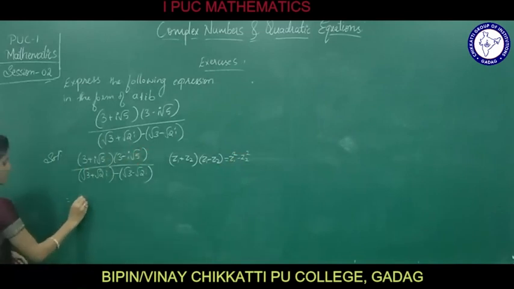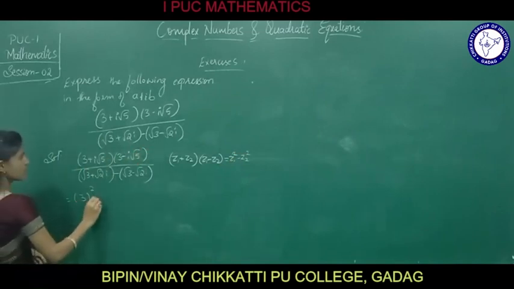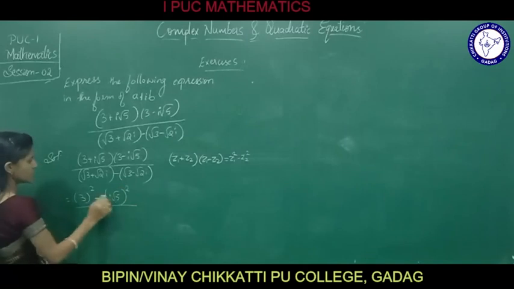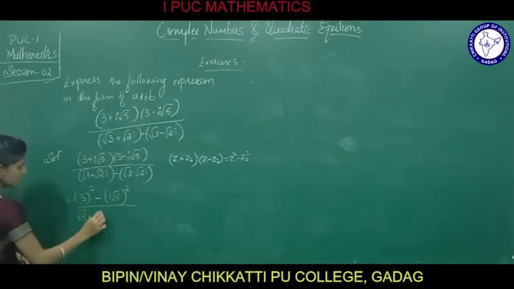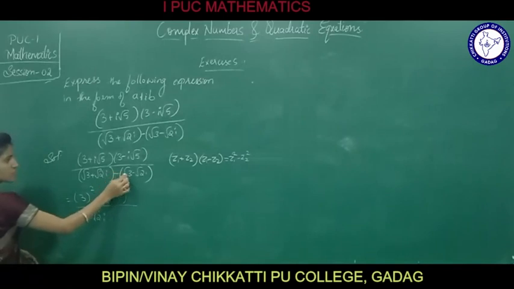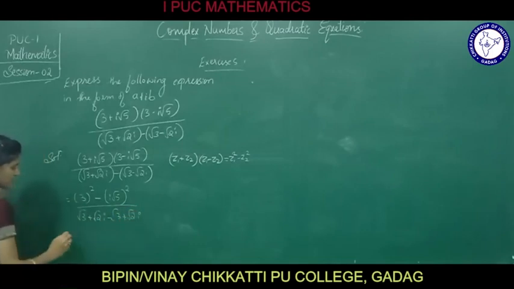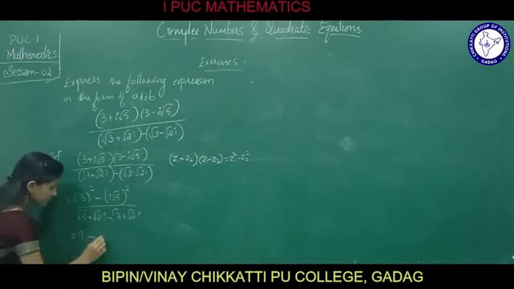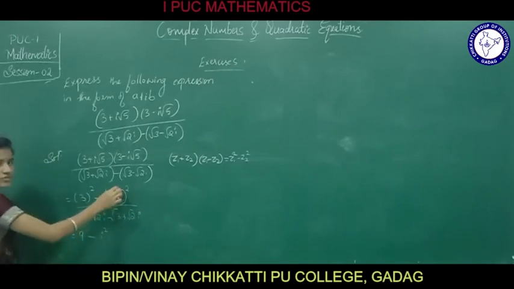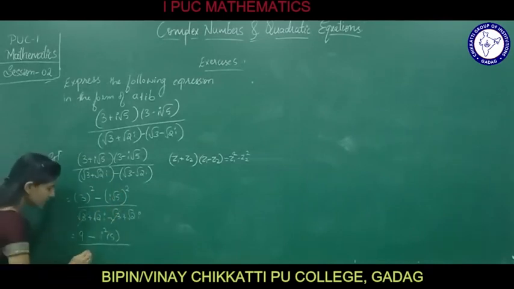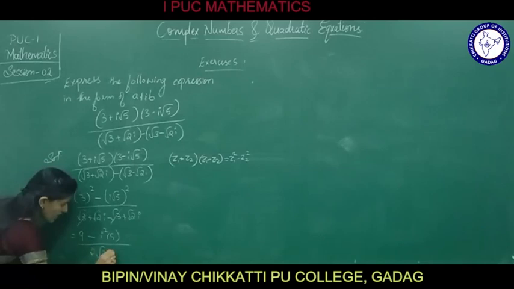This will be equal to 3 square minus i root 5 square divided by root 3 square minus root 2i square. This can be simplified as 9 minus i square into root 5 whole square, that is 5, divided by 3 minus 3 went, we got 2 root 2i.